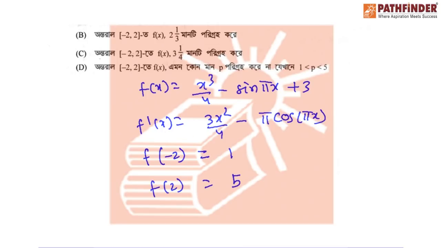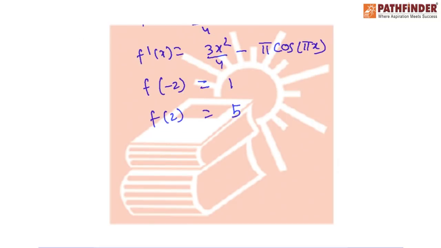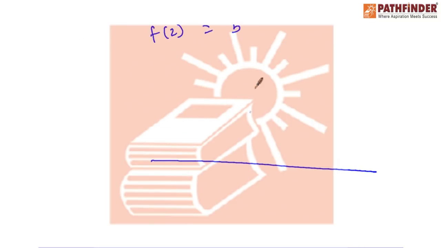So if you consider the graph of this function from minus 2 to 2, at minus 2 it is 1, at 2 it is 5. So from 1 to 5 it can take many values. If you actually look at the graph, it can take many values.